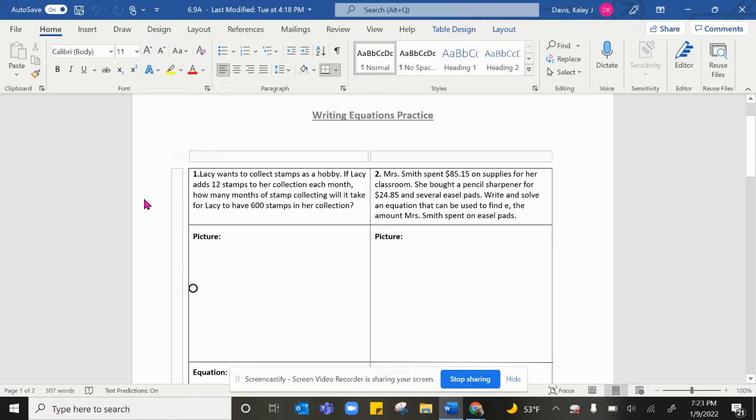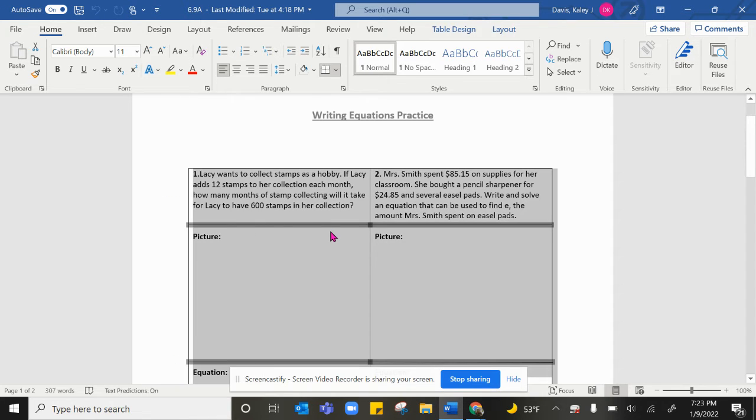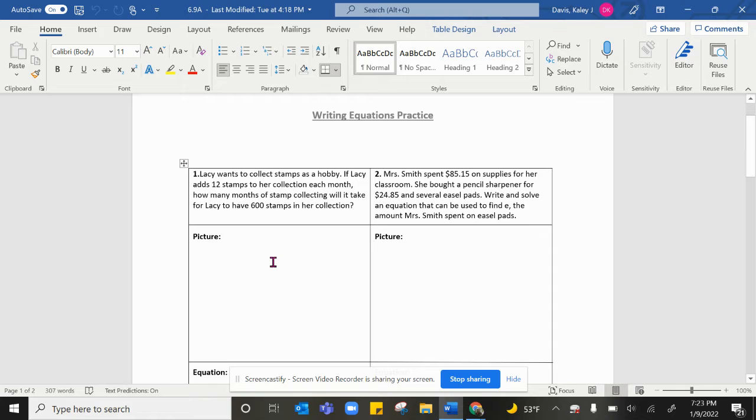If Lacey adds 12 stamps to her collection each month, how many months of stamp collecting will it take for Lacey to have 600 stamps in her collection? Okay, so we read it one time. Now I want to go back to the word problem and figure out what we need.